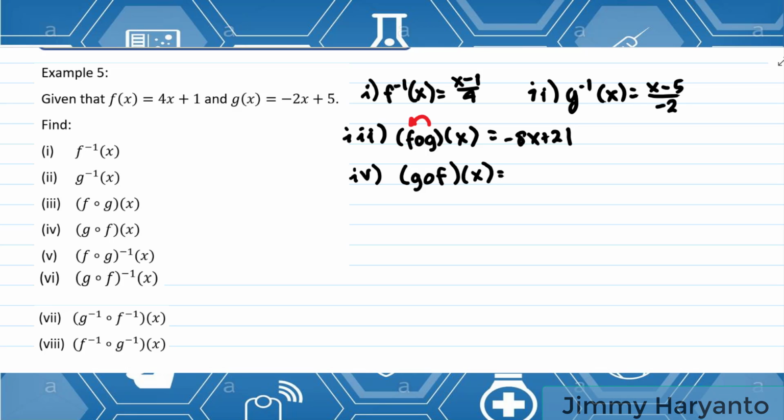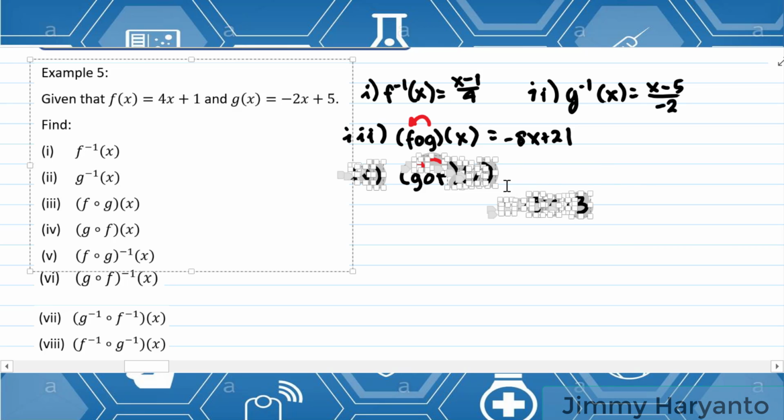That means we have to put the f into the g. f into g. So negative 2 in the bracket 4x plus 1, and then plus 5. Negative 8x, negative 2 plus 5 is 3.